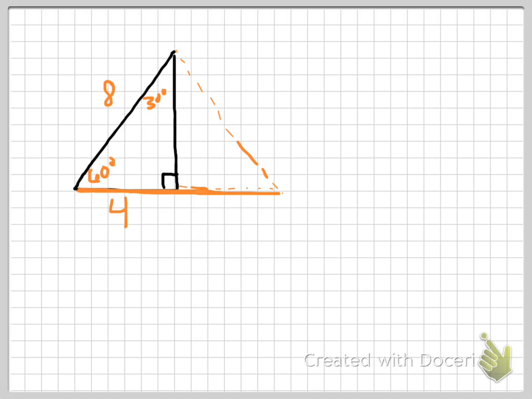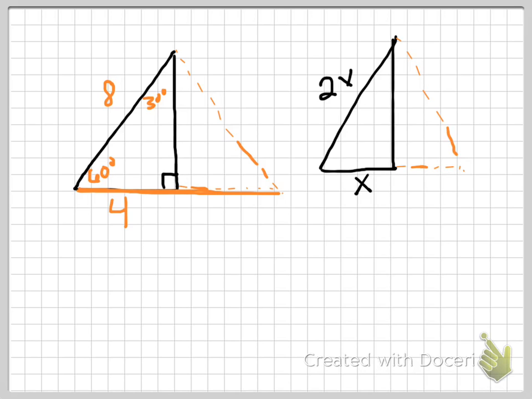So if we had to come up with a formula to find the hypotenuse of a 30, 60, 90 triangle, so here's a triangle again. Okay, and then again we'll draw out the rest of the triangle so you can see it. Okay, if this one is x, then what does this one have to be? This one has to be 2 times x.